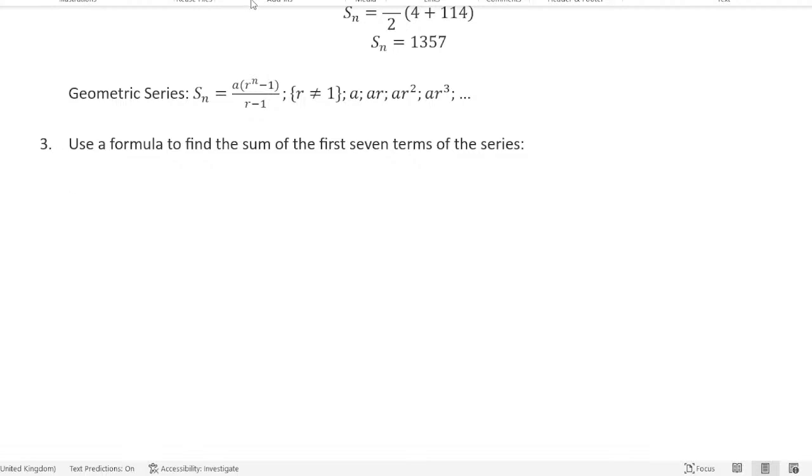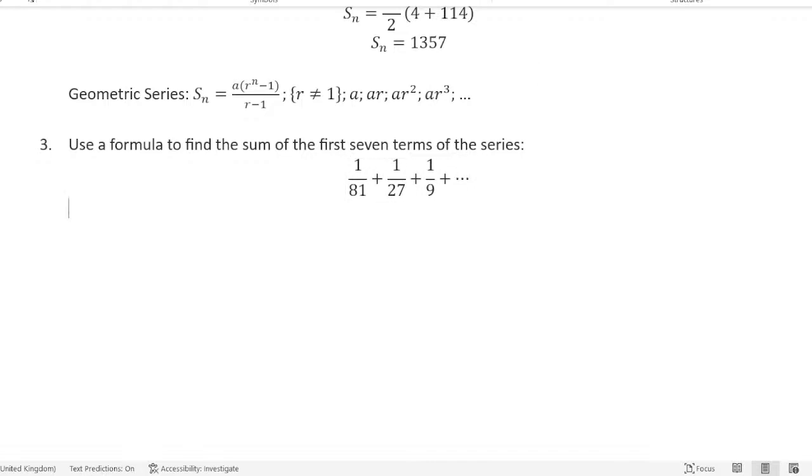All right, here we are given this series: 1 over 81 plus 1 over 27 plus 1 over 9, and the series continues.